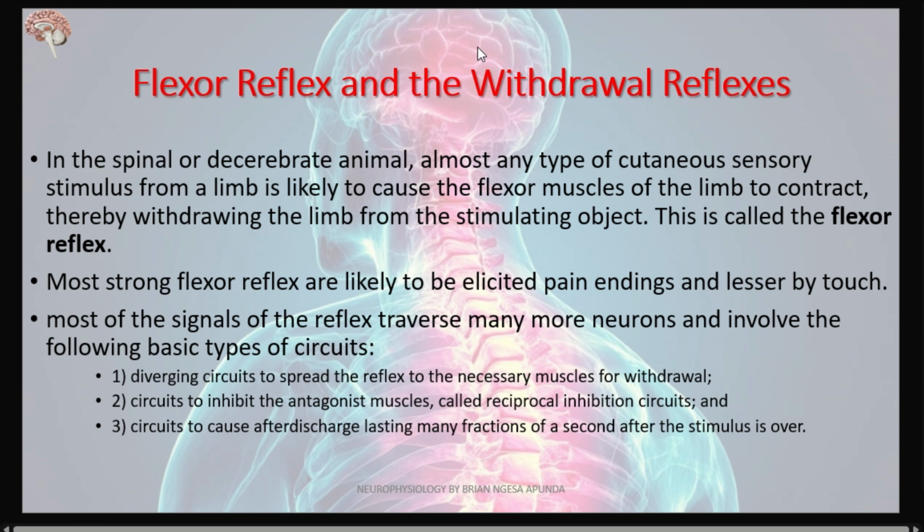And the good example that we suggested was subjecting a hand maybe to a hot object. So the hot object is likely to cause somebody to withdraw. So maybe what is unique with the flexor reflex, away from the muscle stretch and the Golgi tendon, is that in this kind of reflex, we'll be forming an arc that is not necessarily relying on the muscles, or maybe nerves that are within the muscles.